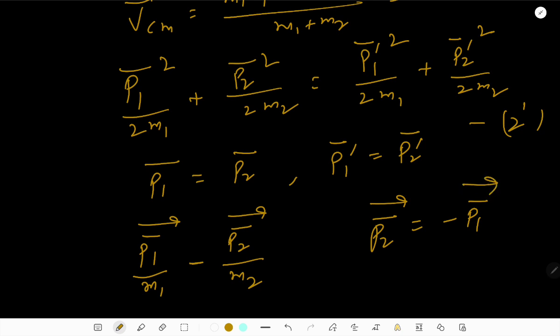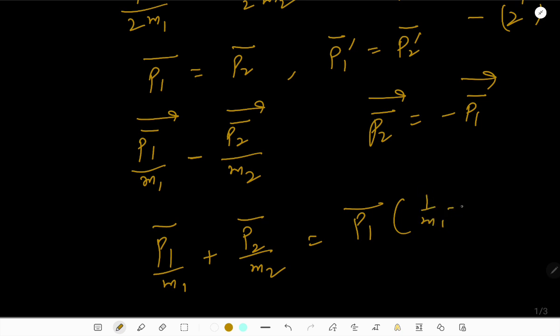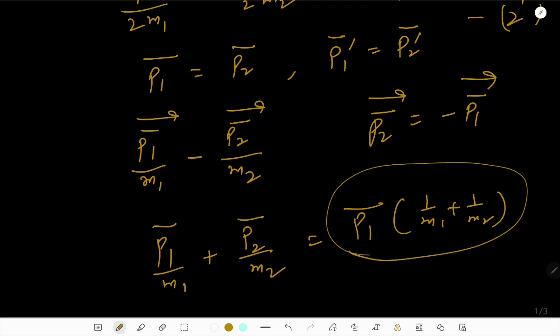So you can put them all together and you will get the magnitude of relative velocity before collision as simply p1 bar by m1 plus p2 bar by m2 as the magnitude. And since p1 bar is equal to p2 bar, you can write it as p1 bar multiplied by 1 by m1 plus 1 by m2, and this is the relative velocity before collision.